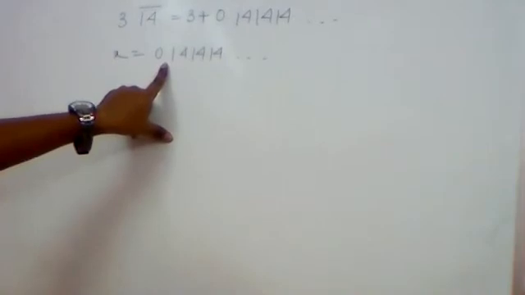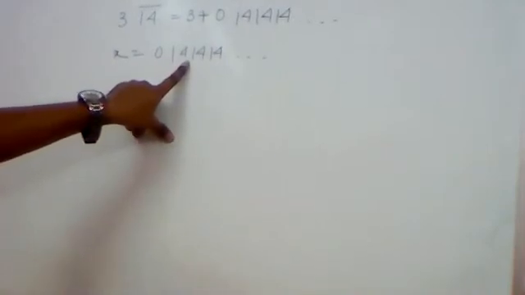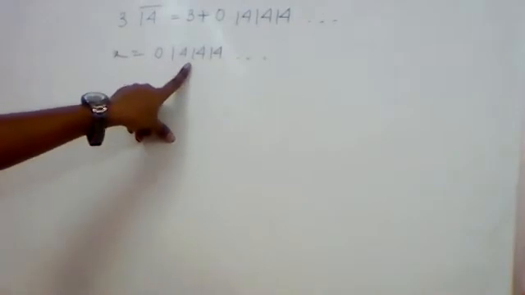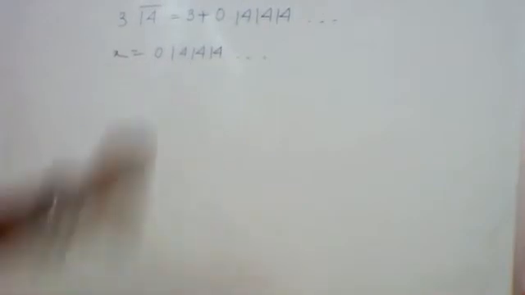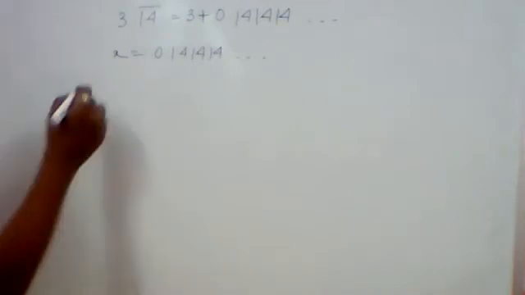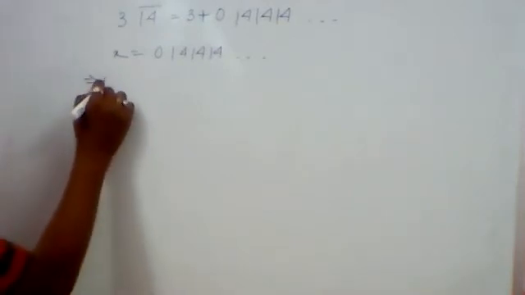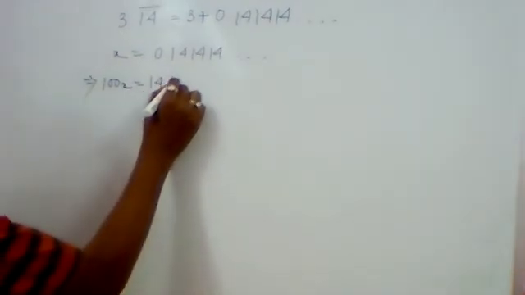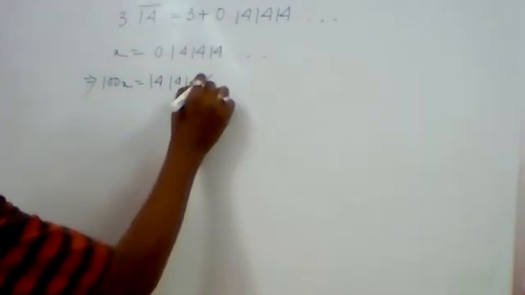Where is the first repetition? After 4. How will the decimal point be brought after 4? Multiply it by 100. So if we multiply, the result will be 100x equal to 14.141414 and so on.